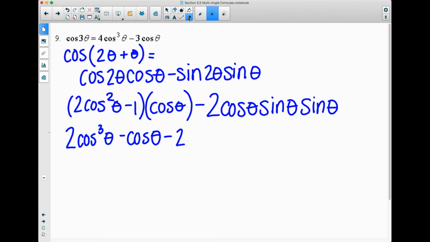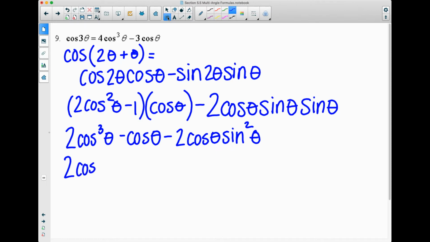Oh, there's a plus on... Again, my whole goal is to not have sine in there anymore. I just need cosine. So I'm gonna change sine squared theta to what? Good.